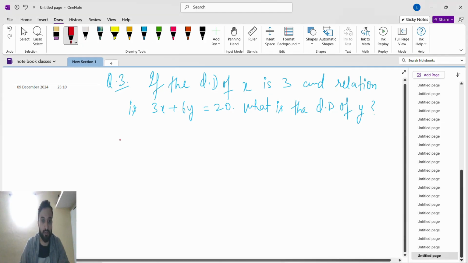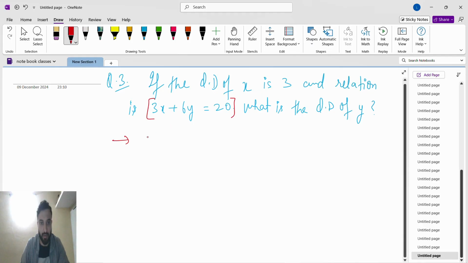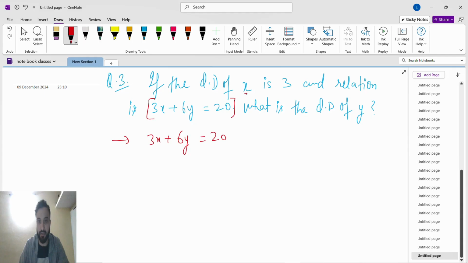Okay, so now we can see the same thing: they have given one equation, 3x plus 6y equals 20, and one value, the value of one variable, x is equal to 3.